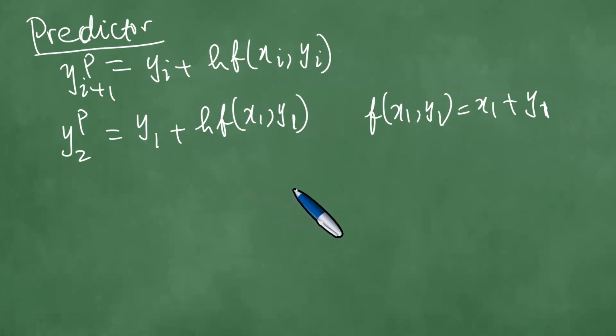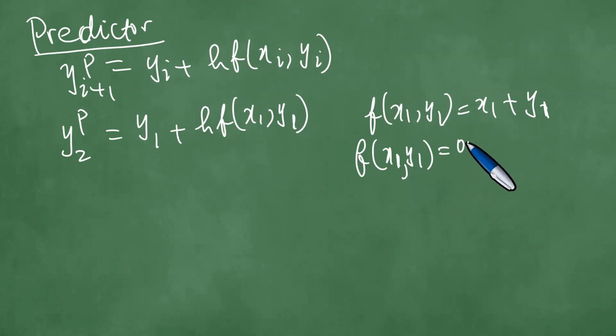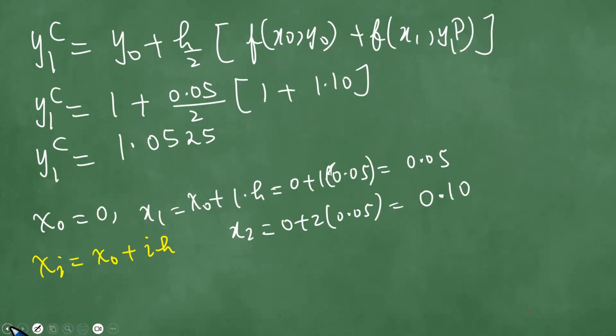And then we're finding the summation of this, of x1, y1. What is x1? We saw that x1 is 0.05. And then what is y1 corrector? It's 1.0525.